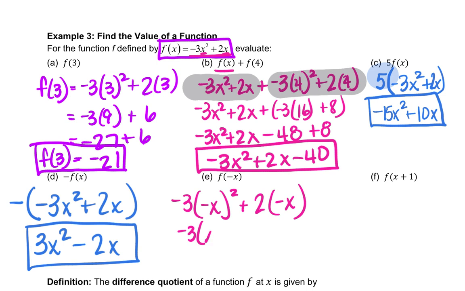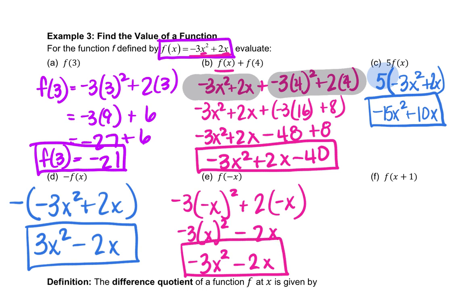That's going to be positive x squared minus 2x, because 2 times negative x is negative 2x. So we wind up with negative 3x squared minus 2x. Make sure that you're using those parentheses where they're needed.